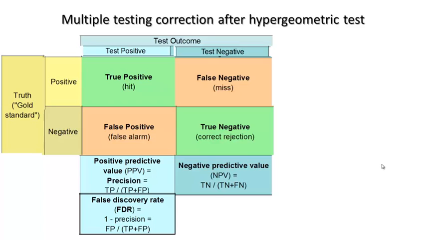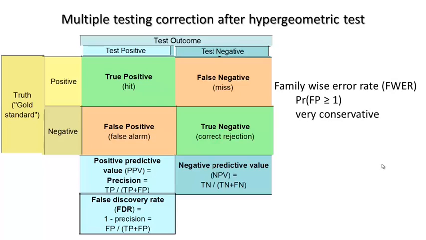One way to estimate your overall false positive rate is to calculate the family-wise error rate, or FWER, defined as the probability of getting one or more false positives among all the hypothesis tests. This is very conservative and often considered too conservative.